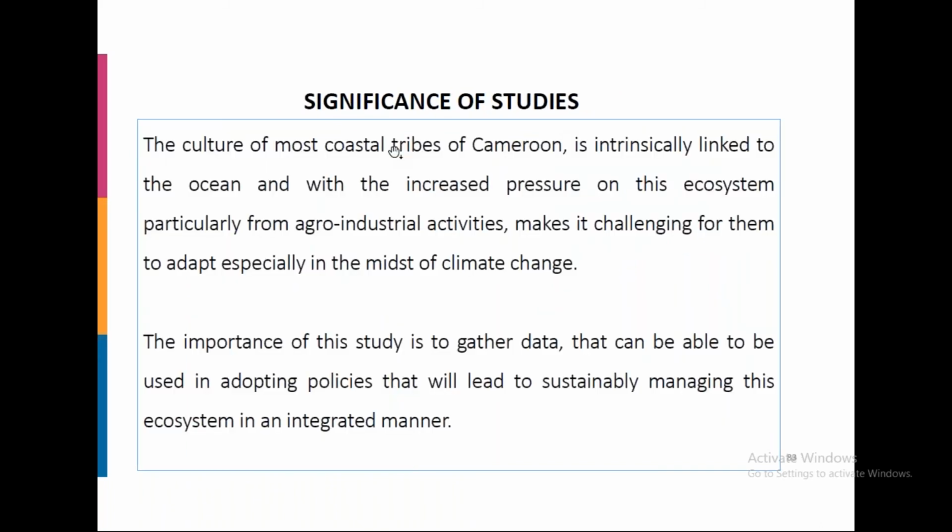Well, what makes this presentation relevant is that there isn't sufficient data, like I already said, related to environmental impacts resulting from agro-industrial activities on the coastal communities. With most of these communities having their cultures linked to the ocean, it is thus important that some of these activities be looked at in more detail, especially these agro-industrial activities, to see in what ways they can be conserved and sustainably managed.